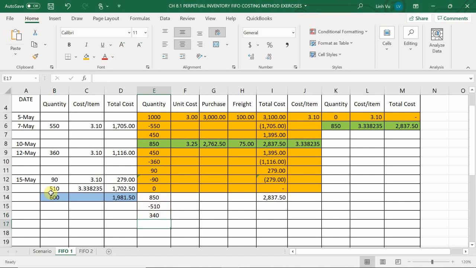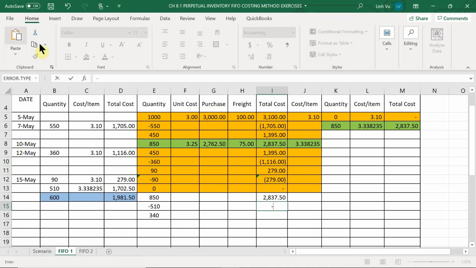We have 340. Good. Same idea here. If we had $2,837.50 and I sold $1,702.50, how much should I have remaining?